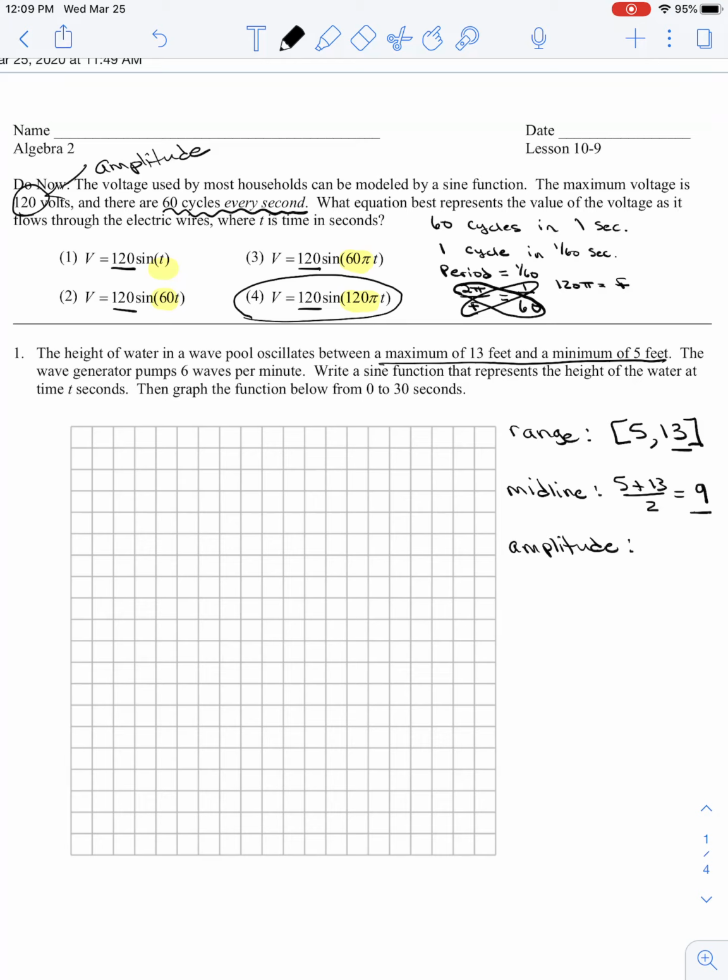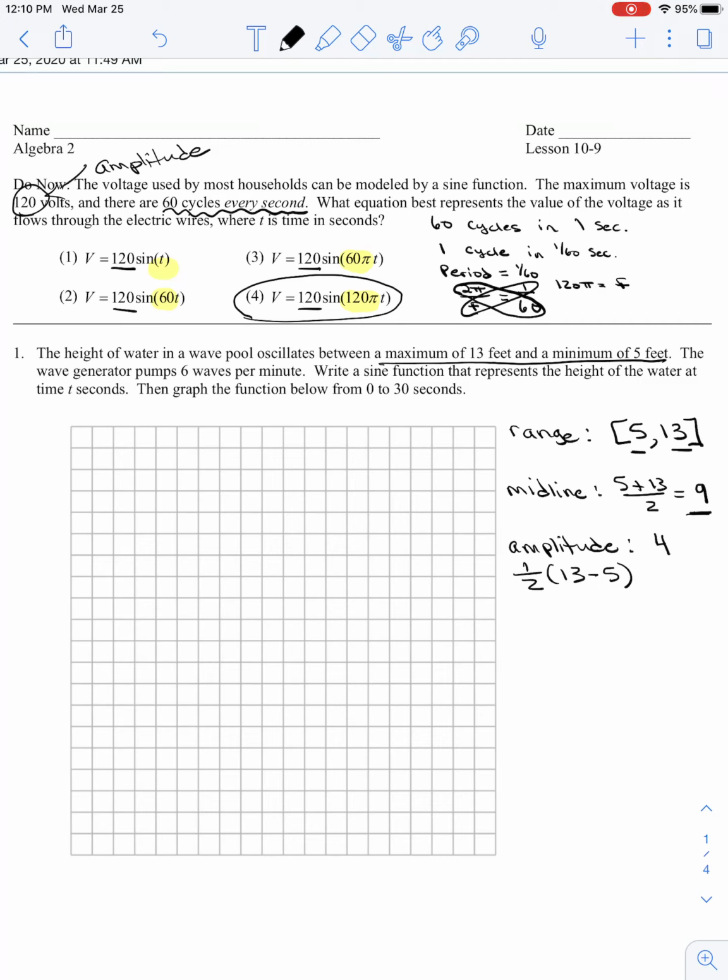Or I could think about my lowest value, my min is a 5, and going to my midline of 9, how many units is that? That's 4. Or I could use the formula for amplitude, which is 1/2 the maximum minus the minimum. Either of those methods would be fine, and you would come up with the amplitude being 4.